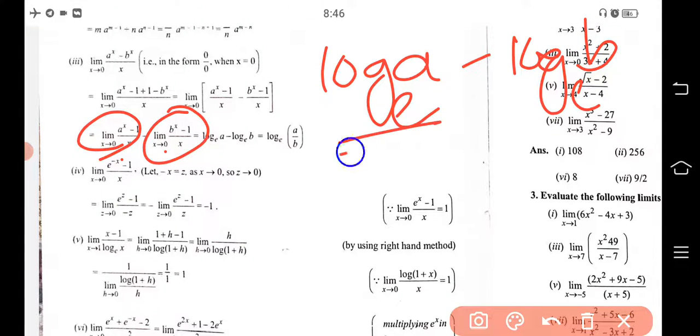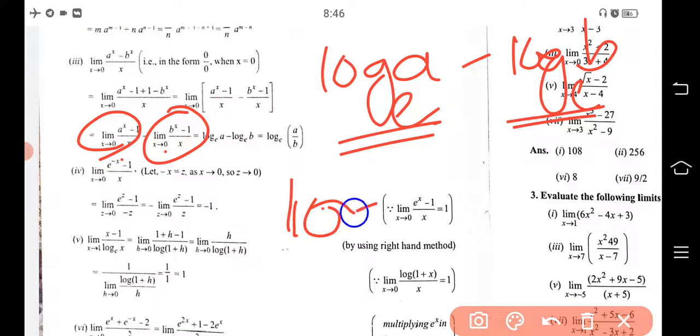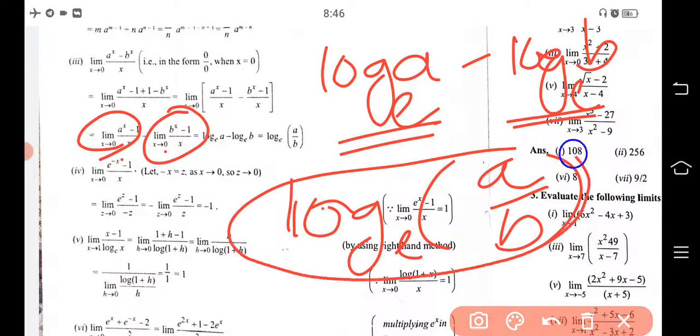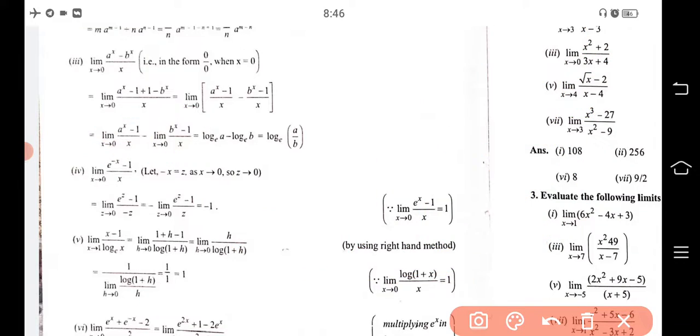As we know from the log formulas, if it is minus, it is written as log base e of a divided by b. So this is your answer, the limit when x tends to 0.